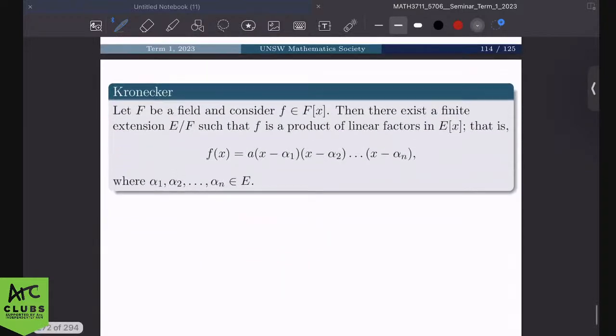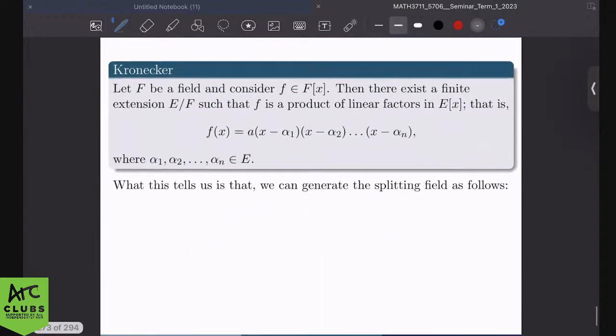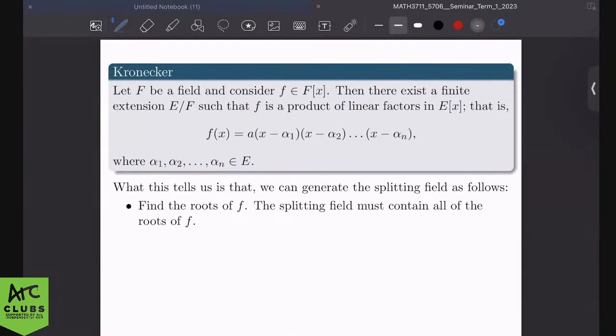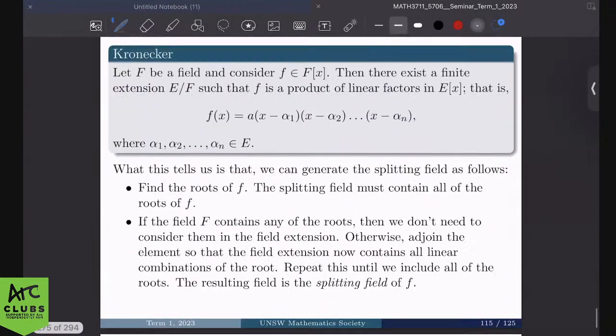There is a theorem that says that if we've got f an element of the set of field polynomials, then there does exist a finite extension such that it is a product of linear factors in that field. So what you can do is generate the splitting field by finding the roots of f, then adjoining them to the field extension.